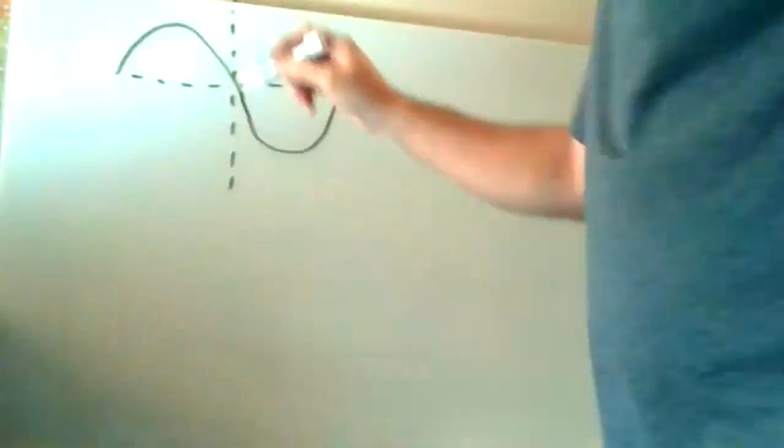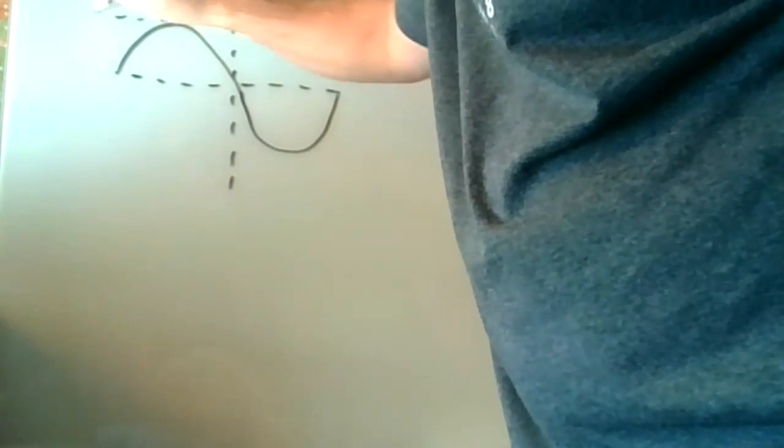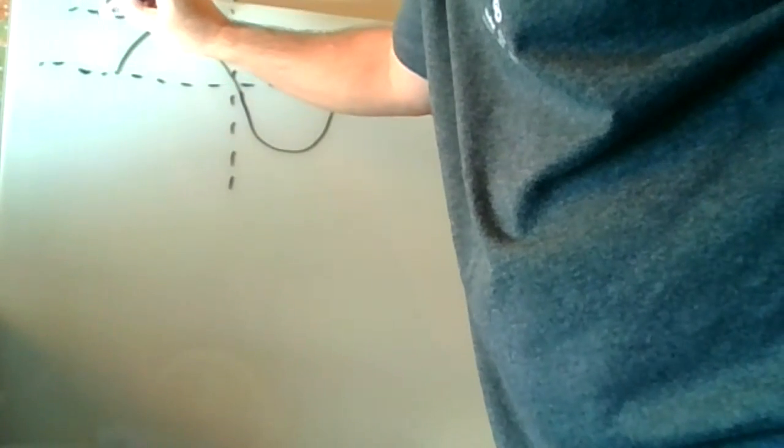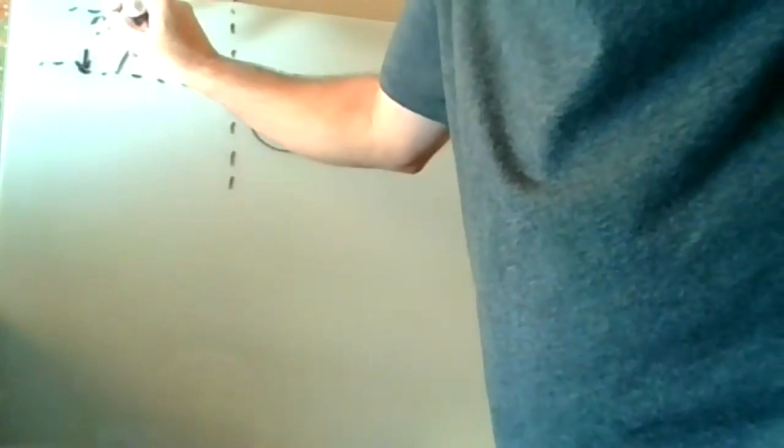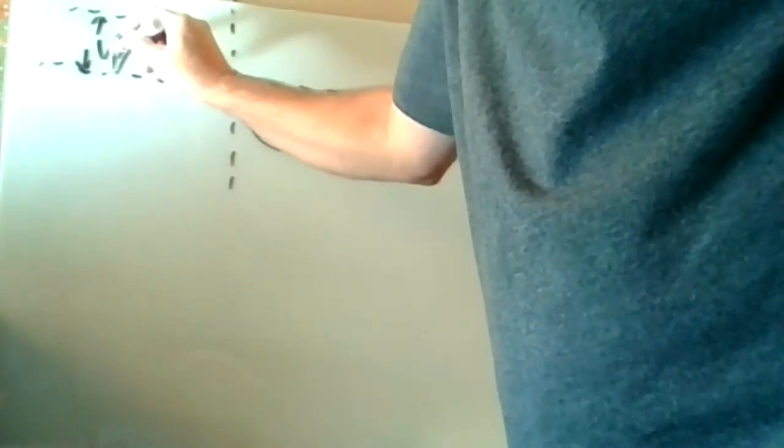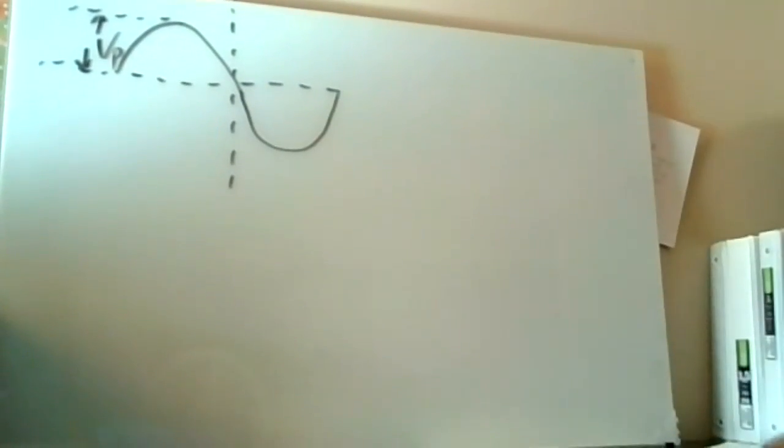If I put a sine wave up here and I measure from here to here, this portion right here, that is what I call my voltage peak. It's V with a little p by it. So that's my peak voltage of that waveform. That's one type of voltage I can have.